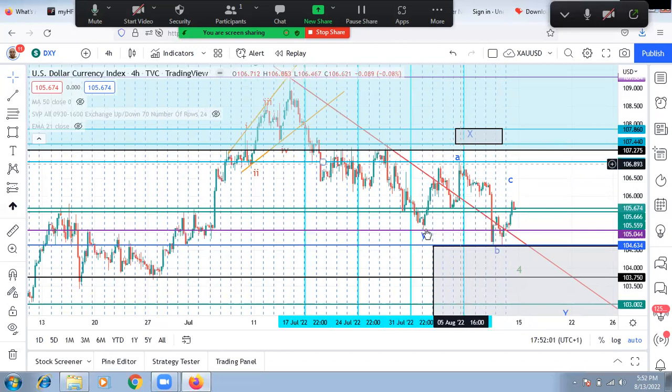This move to the upside, an A, B, and a C here, is a flat to the upside, and that flat is used as a triad for A. The move from here to this point is a W, and the smaller A, B, C is now the A, and this is seen as A, B.